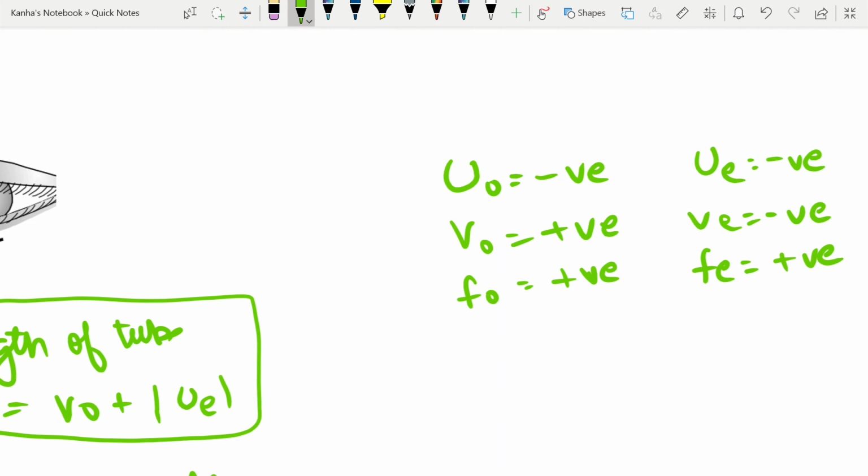Here again I can write that my m naught is negative and my m e is positive. At the end m turns out to be negative.